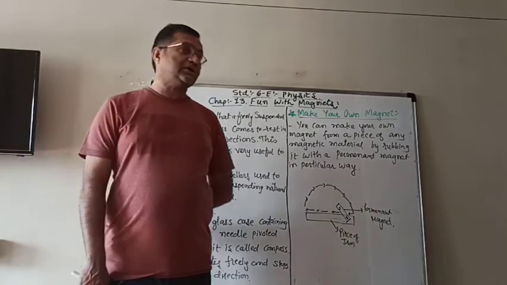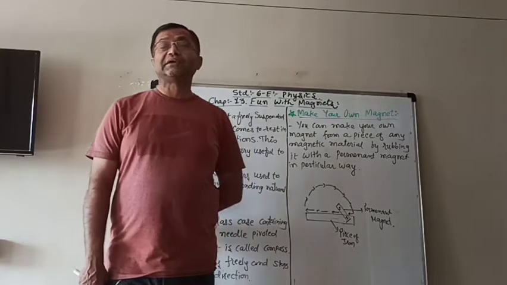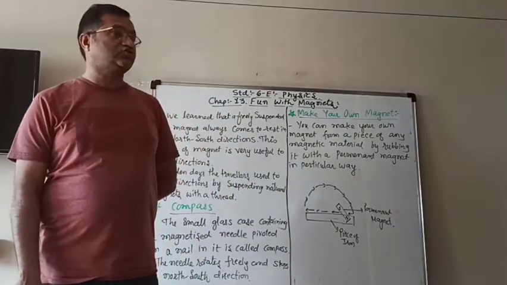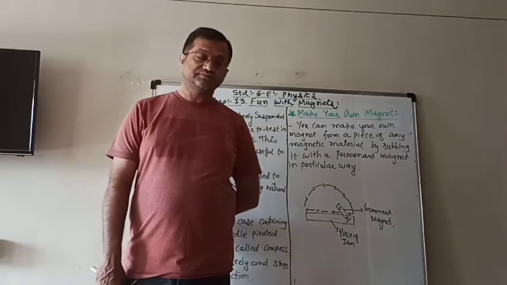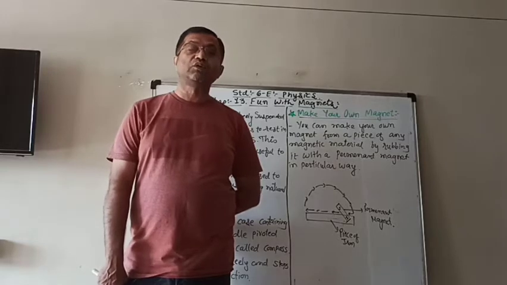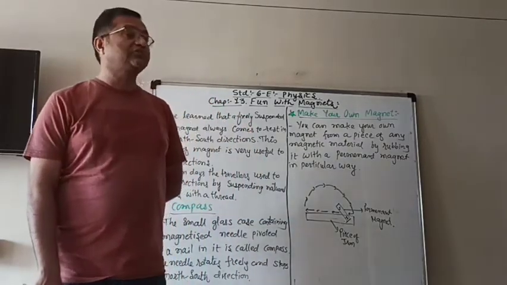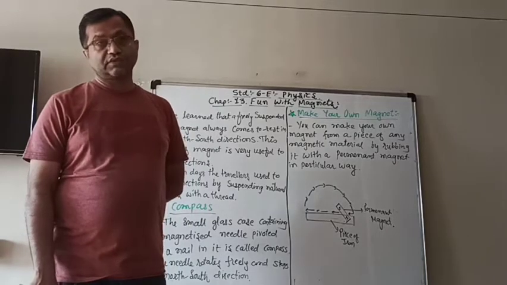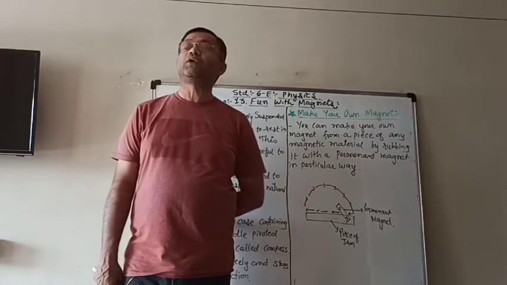Then we saw that when we rub the magnet in the soil with dust or in iron filings, it attracts more iron filings at both ends, and those ends are known as its poles.